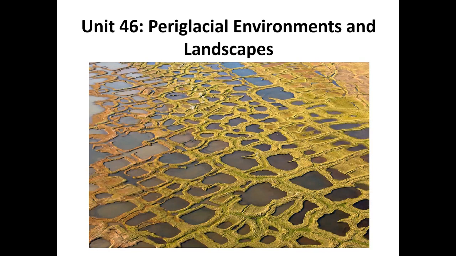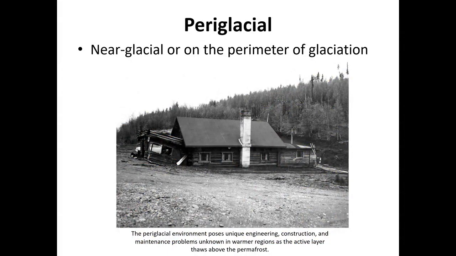The reason you have that water pooling there is because the ground in this picture is permafrost. It's permanently frozen. So if there is any rain or any melt, it can't seep into the ground because the ground below it is frozen. So you have these odd small lakes or pools of water that form because the water can't drain into the ground below it. The periglacial region has been very hard for people to settle.